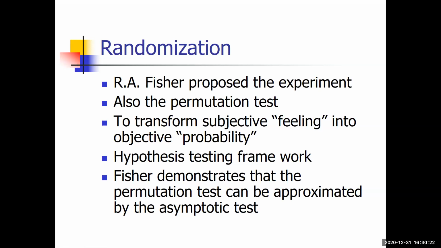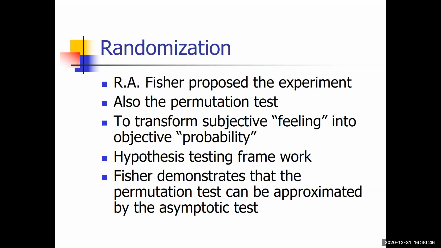I want to come back and say a clinical trial is a double-blind, randomized, controlled clinical trial. There are three properties: randomization, double-blind, and controlled. Randomization is the entire key of a clinical trial, and the whole idea of randomization came from R.A. Fisher.